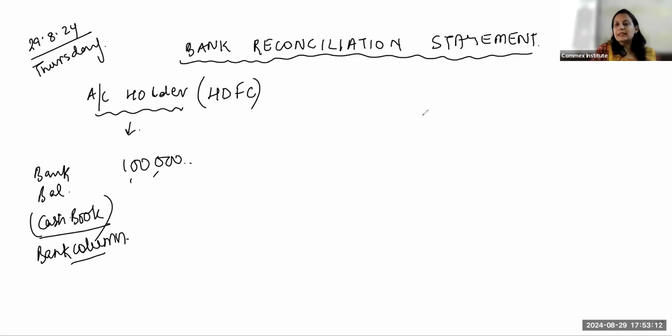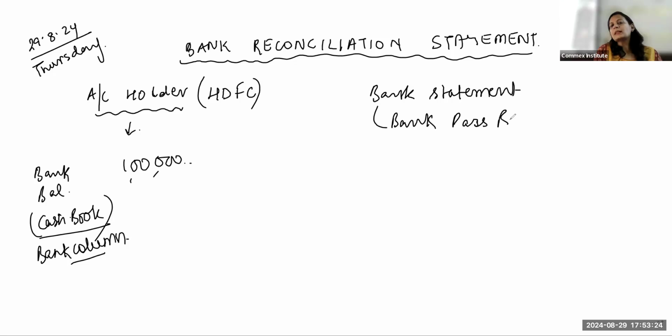My banker also sends me statement from time to time, right? You must have seen the bank statement. So I get a bank statement, which is also known as bank passbook. So the bank passbook or my bank statement sent by my HDFC banker shows the balance as say 1,05,000.